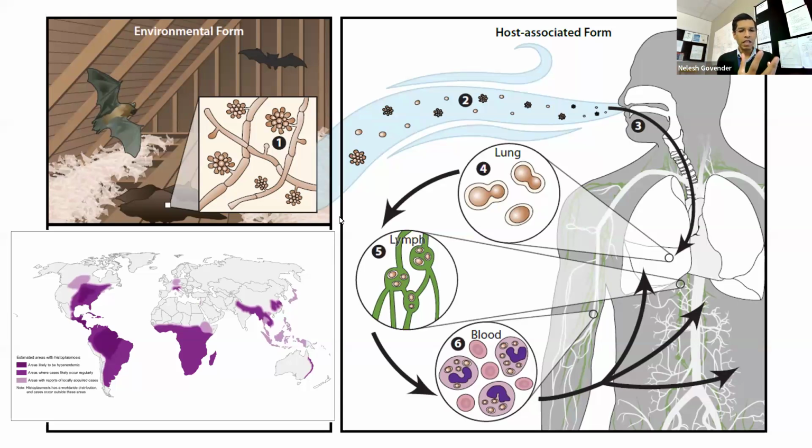But the ecological reservoir is a bit better known for histoplasma because of a lot of work that's been done predominantly in the Americas, in the hyper-endemic zones in North America in particular, where histoplasma has been found in soil associated particularly with bird and bat guano.